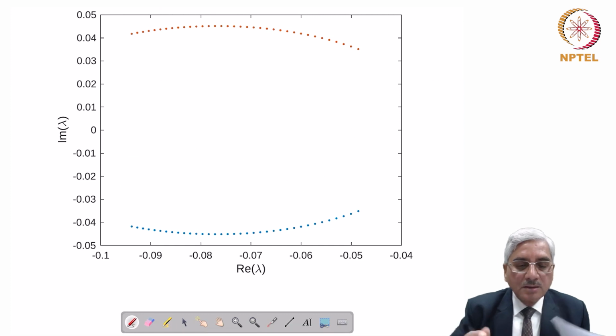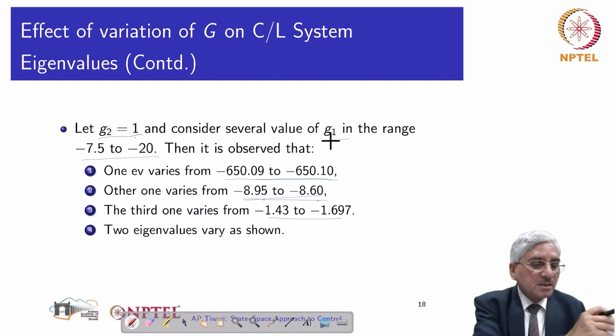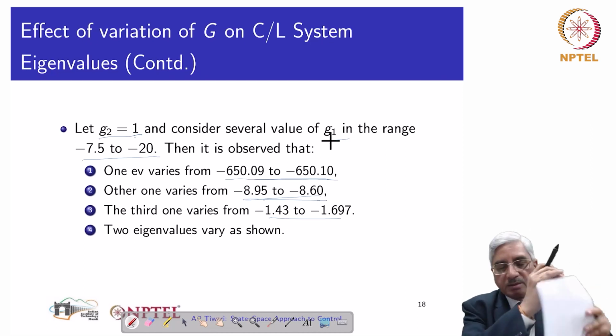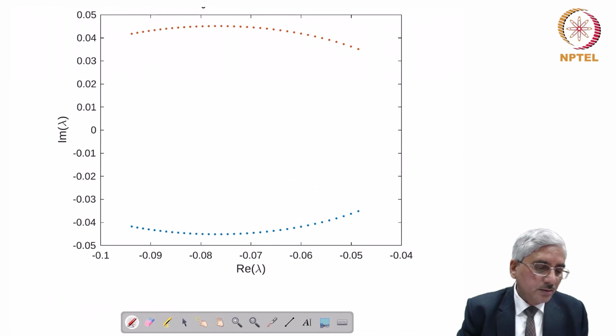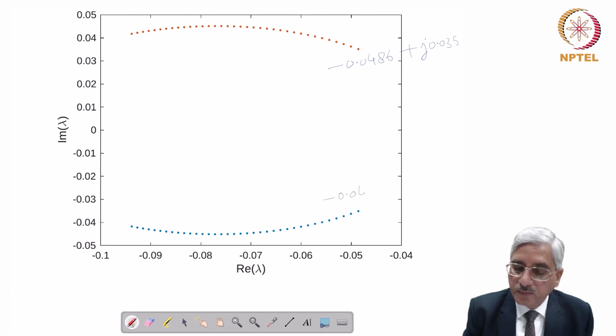This is for G2 equal to 1 and G1 from minus 7.5 to minus 20. So this one is minus 0.0486 plus j0.035. This one is correspondingly minus 0.0486 minus j0.035.